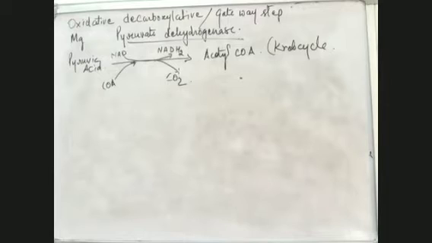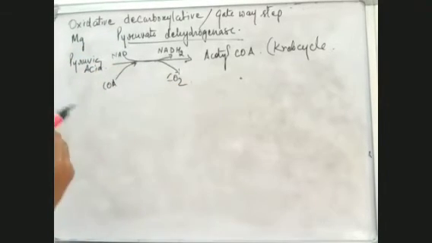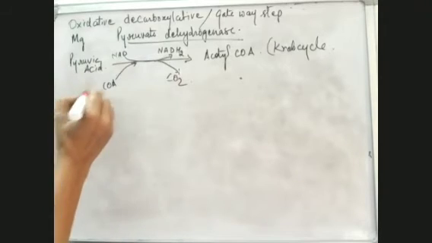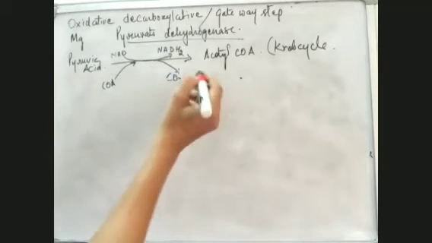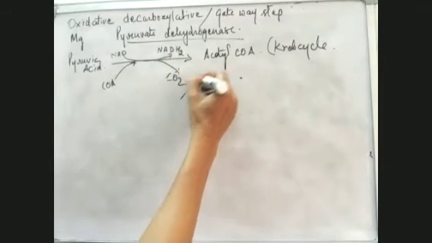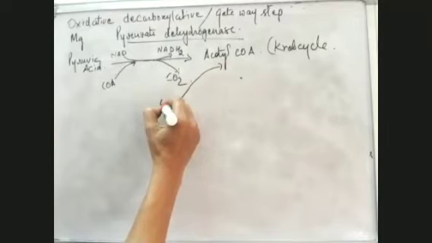So after this, this acetyl coenzyme A enters the Krebs cycle. When it enters the Krebs cycle, first of all, this is received by oxaloacetic acid.